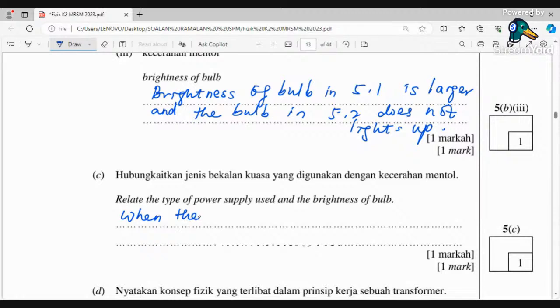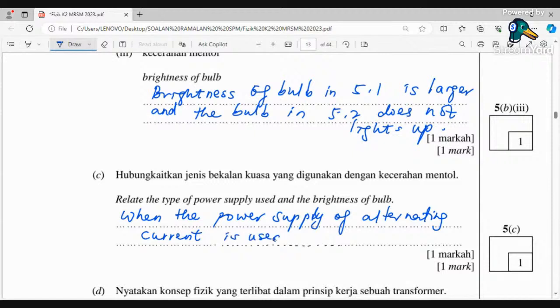When the power supply of alternating current is used, the bulb lights up, or brightness of bulb increases.